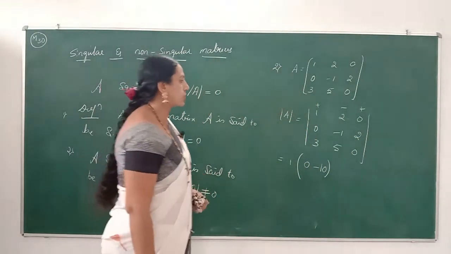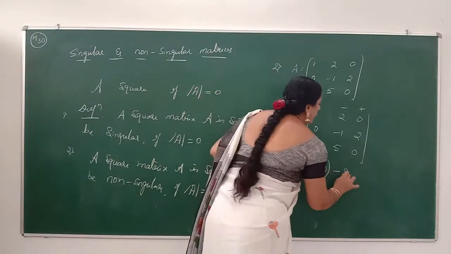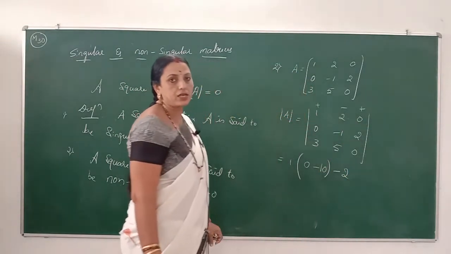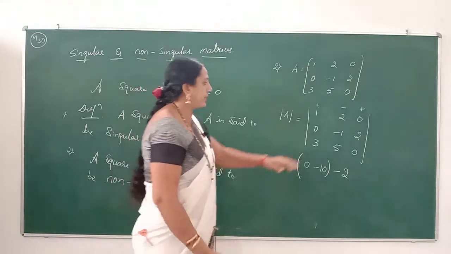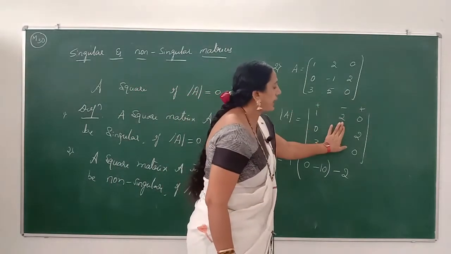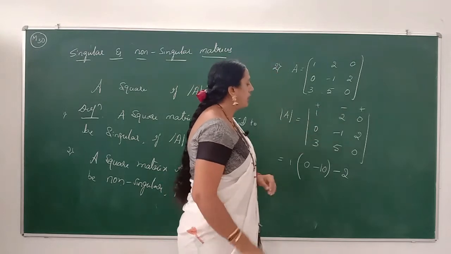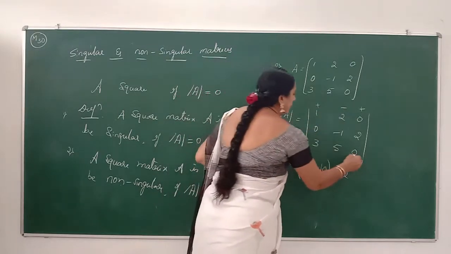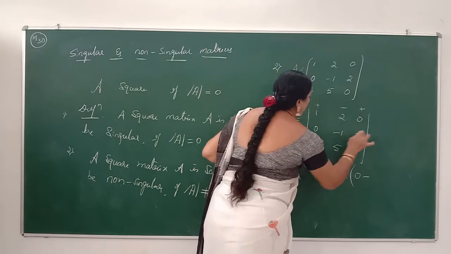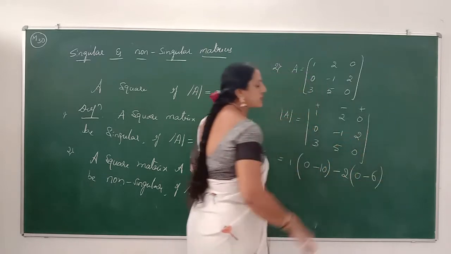Similarly, the next element 2 is multiplied with minus. So minus 2 is an element of first row, second column, and again these are neglected. The remaining are 0 minus right diagonal, which is 6.